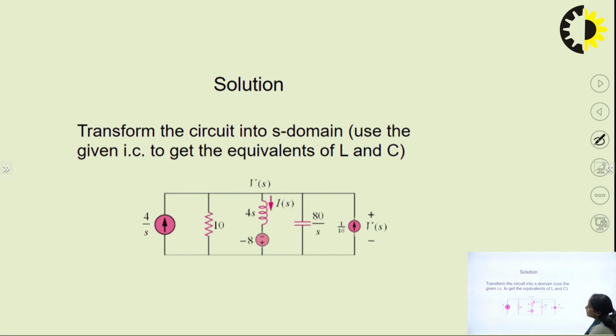Now this is the transformed circuit where these sources are there due to the initial conditions. This voltage source is there to represent the initial current given in the question, and this current source is there to represent the initial voltage. So this is the transformed circuit in the s domain.